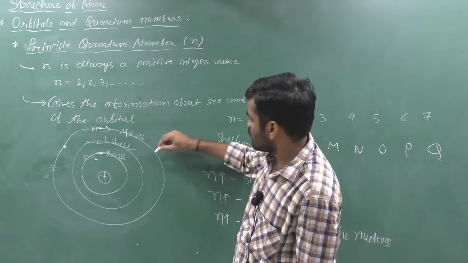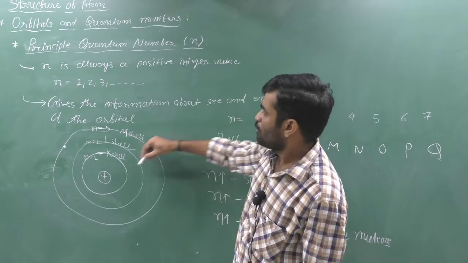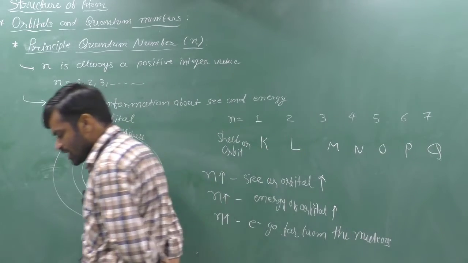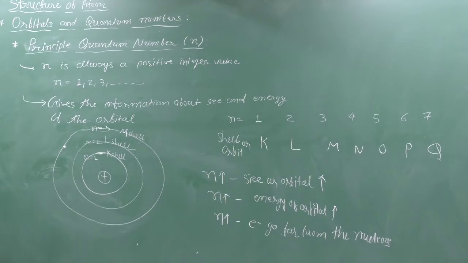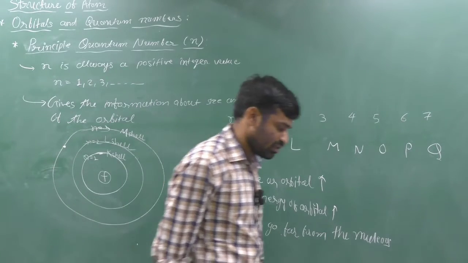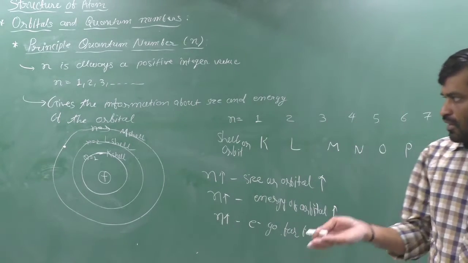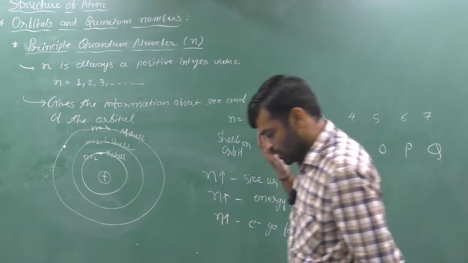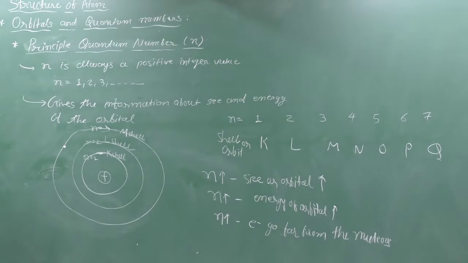If n is 3, it goes farther again. 4, 5, 6, as n increases, the electron goes away from the nucleus. Clear?